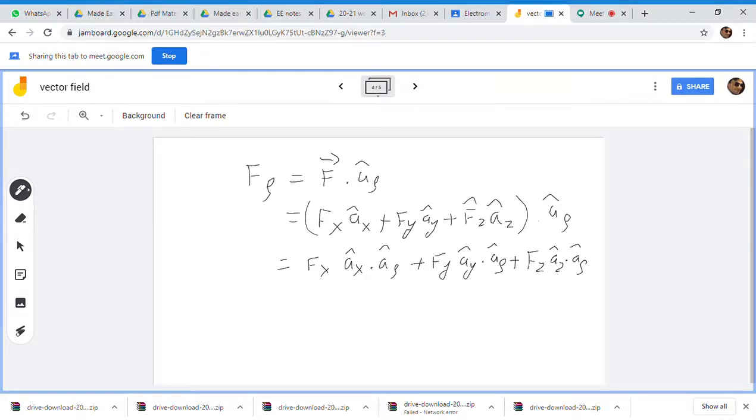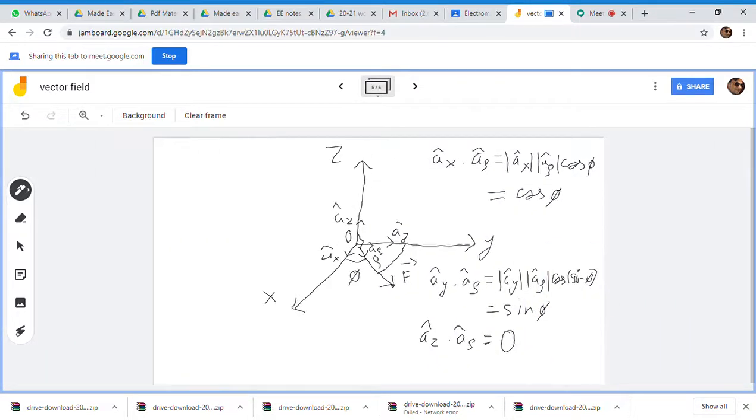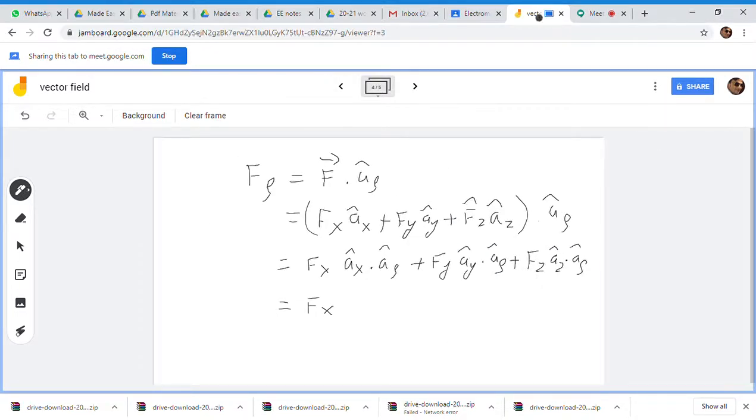It will be fx. What is ax dot a rho? Unit vector ax dot unit vector a rho is cos phi. So we can write here cos phi plus fy into sin phi plus 0. So this is f rho.